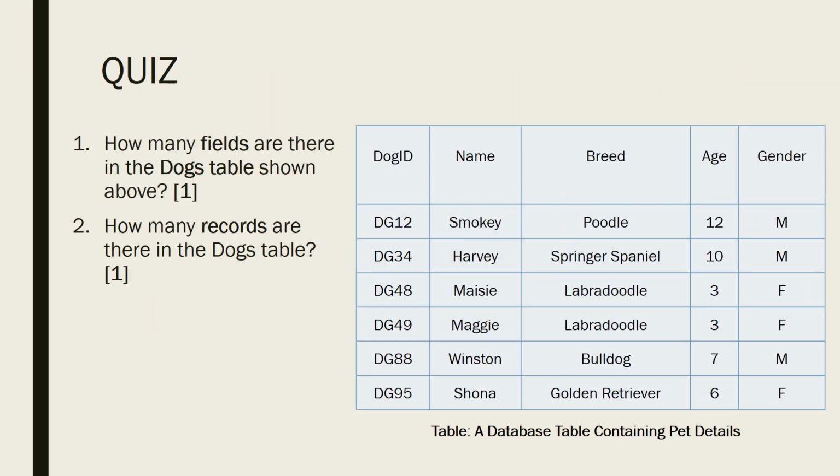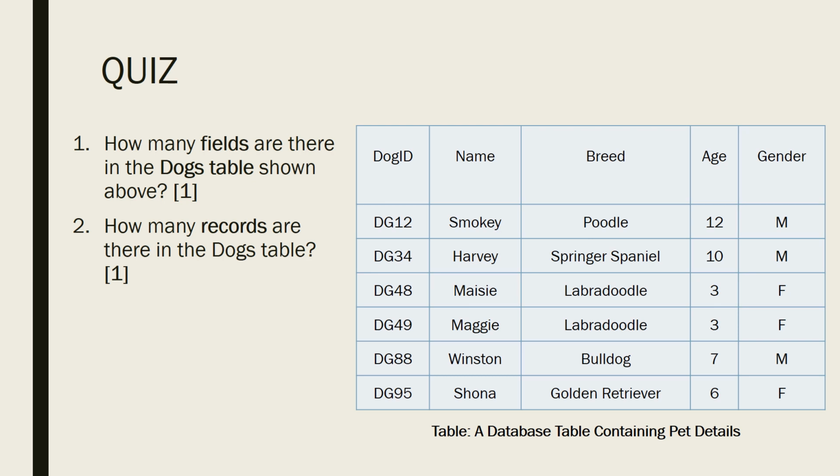So first, let's see how many fields and how many records there are in the dogs table. This is the dogs table, and you have to tell me how many fields and how many records there are. It's a very important question, but usually students get confused about what the fields and what the records are.